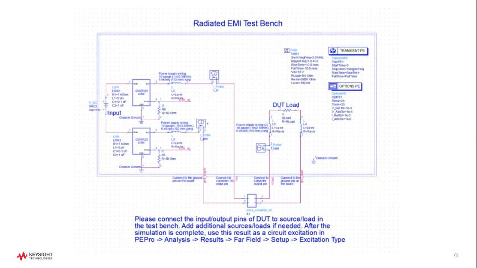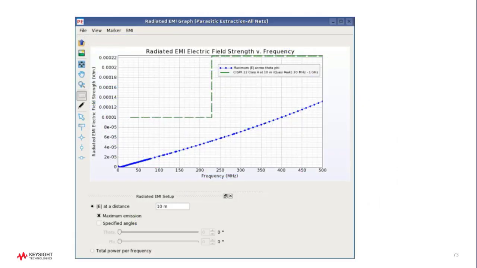So while this is operating in the time domain, you will see the effect of the layout and the components operating at the frequency of operation and the switching edge rates, and all the frequency content will be available for you to plot either patterns or a field strength plot versus frequency. So we'll basically virtually attach a probe and walk this probe all around your circuit and pick the highest points or points that you say, and see here's the max field strength at a certain distance, in this case 10 meters, and here's the compliance mask for you.